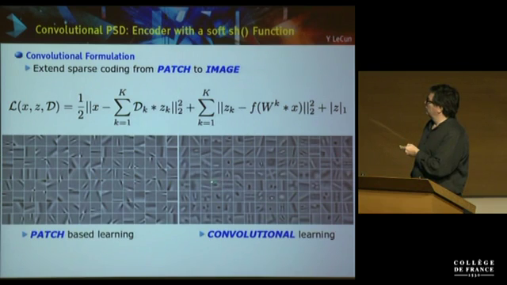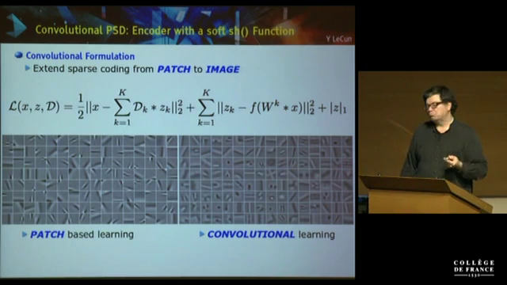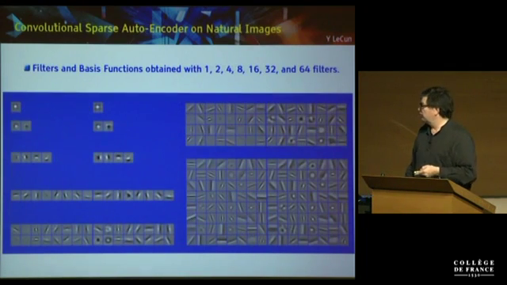Instead of just having oriented edge detectors, you have detectors of the end of edges, crosses, corners, gratings, and so on. So it's far more diverse. It would be great for this to help with recognition. That's not clear yet, that it helps a lot, but it is used in some cases.